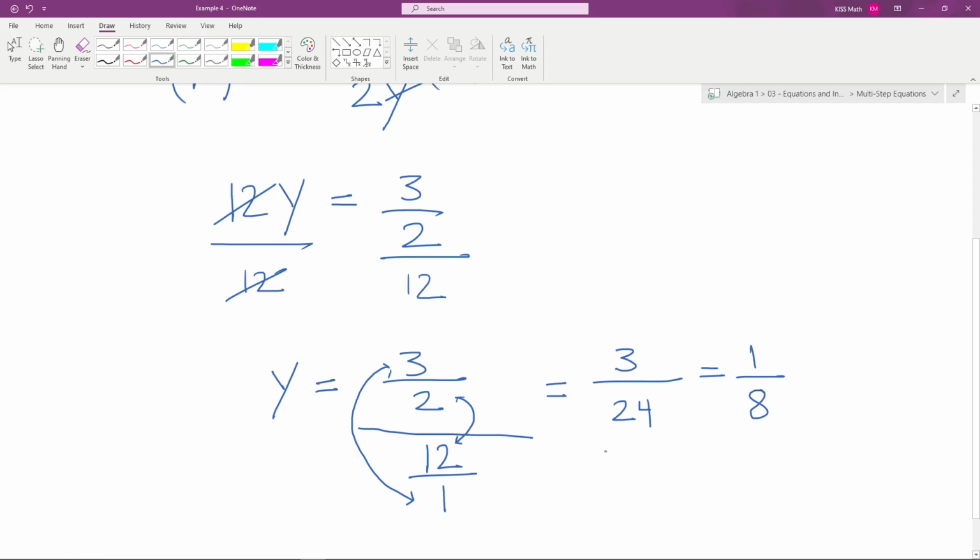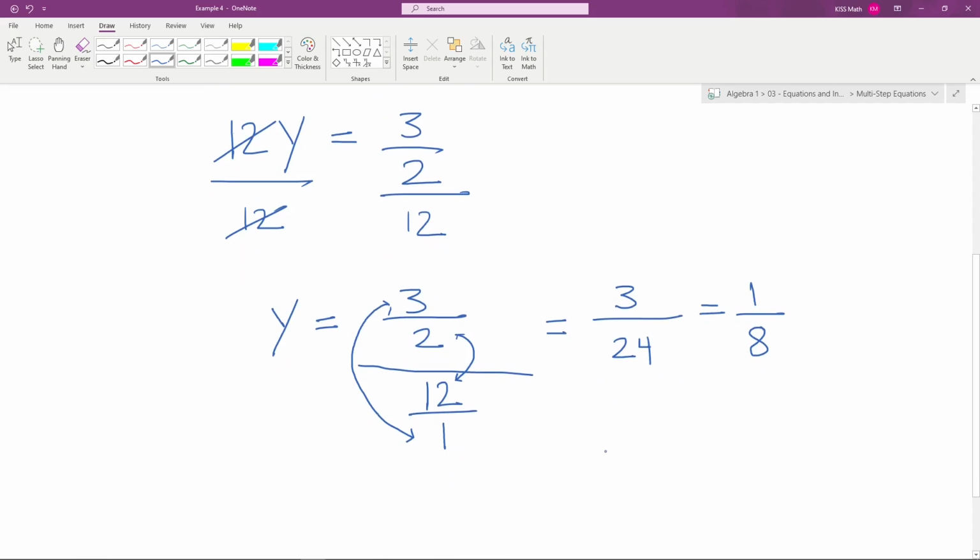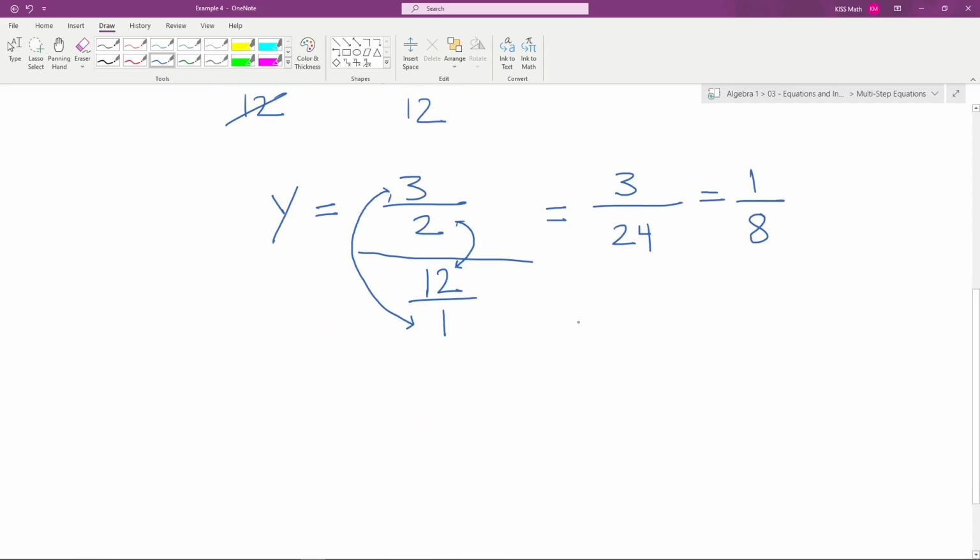If you're more comfortable, the other way you could do it is you have 3 over 2 divided by 12 over 1. Well, you flip the fraction and multiply, which is, again, 3 over 24 reduced down is 1 over 8. Okay, so this is our answer.